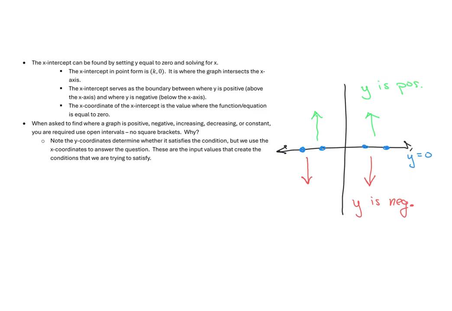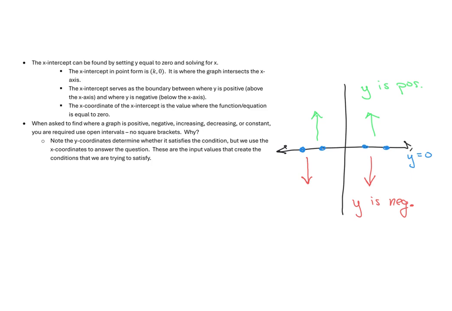If we're on the x-axis, we're 0, and we cannot be two things at the same time. Same thing with positive. If we're above the x-axis, we're positive. If we're on the x-axis, we're not positive. And so we want to make sure that we use those boundary points.